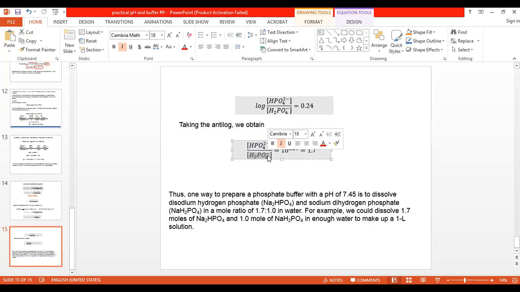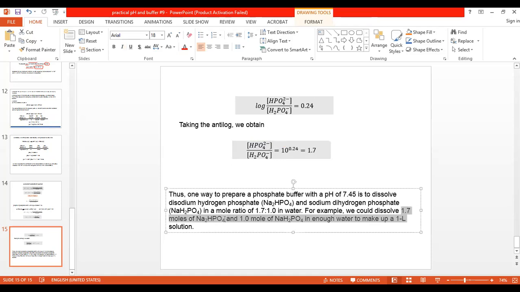For example, we can take 1.7 moles of Na2HPO4 and 1 mole of NaH2PO4, in enough water to make just 1 liter of solution.